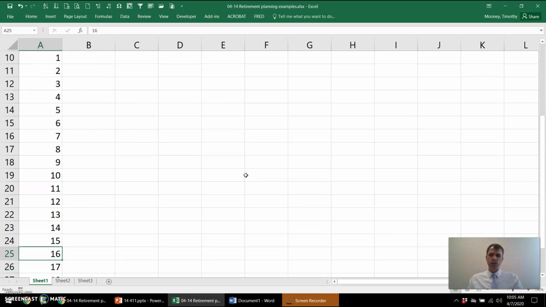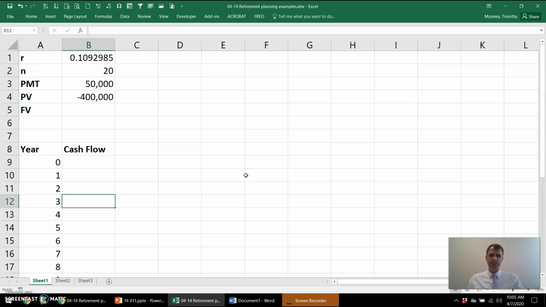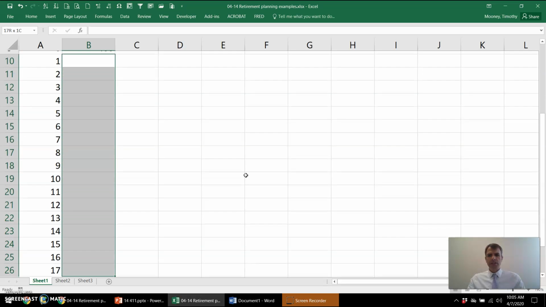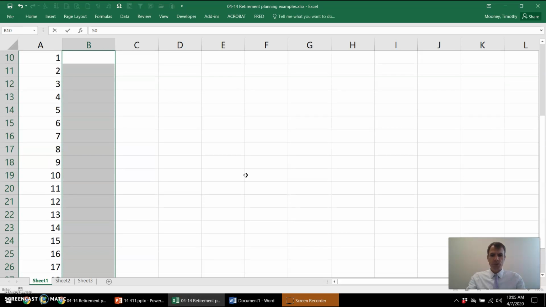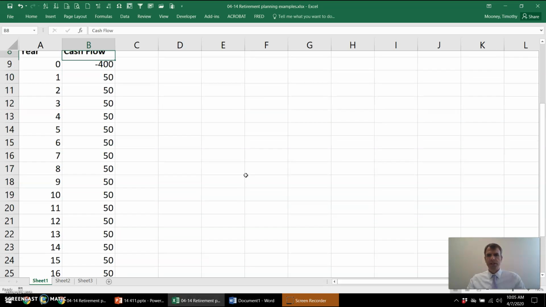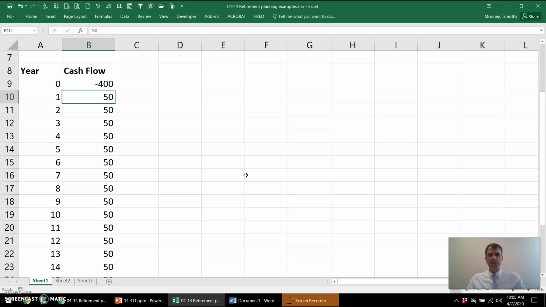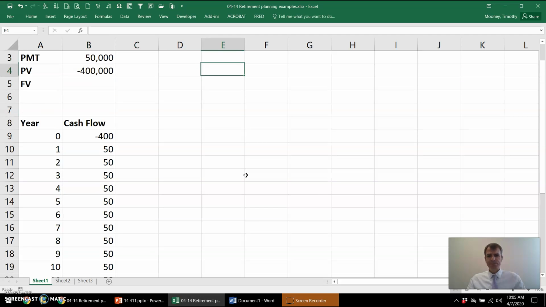I've also got a vertical cash flow timeline here that I'll illustrate the problem the same way. And if we start with, I'll express things in thousands here. Start with 400,000 in year 0, and then years 1 through 20. Enter the number 50. Control Enter will fill this down. We make withdrawals of $50,000 per year.